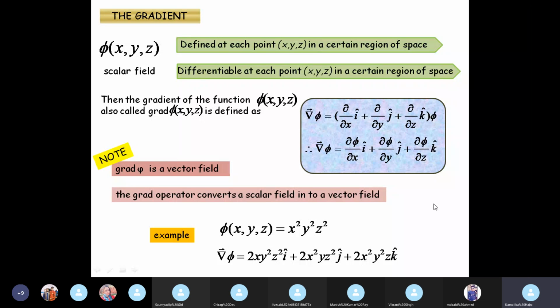In the general course you are not given much difficult functions to take the derivatives of. The questions are given just to see whether you have the basic knowledge, whether you know what grad phi is, whether you know the fact that grad phi is a vector, whether you know the fact that divergence of a vector is a scalar. Okay, so these are very simple.